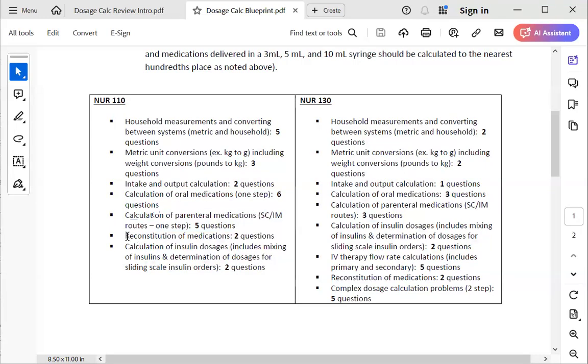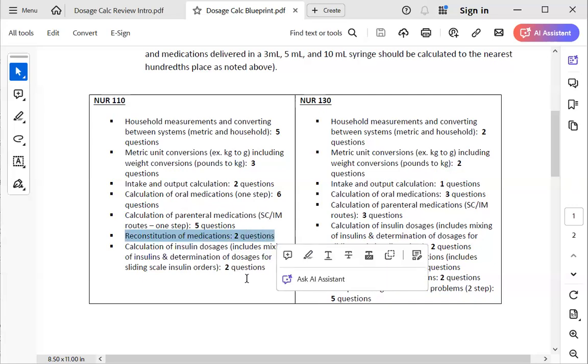Then we'll introduce reconstitution. Reconstitution basically means that you have a powdered substance, you add water to it to get to a certain concentration, and then you administer it. The tricky part with reconstitution a lot of times is just reading the label to get the information you need to administer the medication.